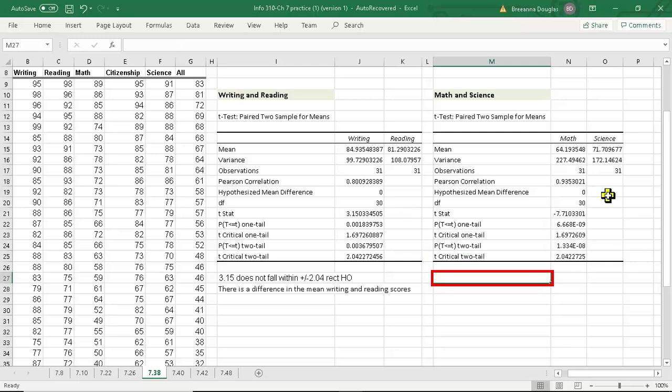Since this is a two-tailed test, we are only worried about the two-tailed p-value and the two-tailed critical value. So for our conclusion, because our test statistic of negative 7.71 does not fall within our critical values of plus or minus 2.04, we will reject the null hypothesis.